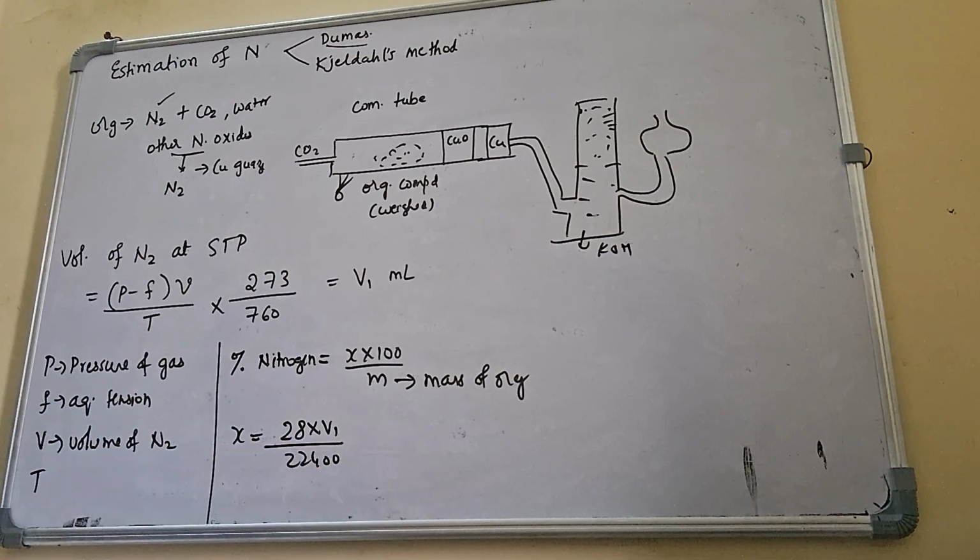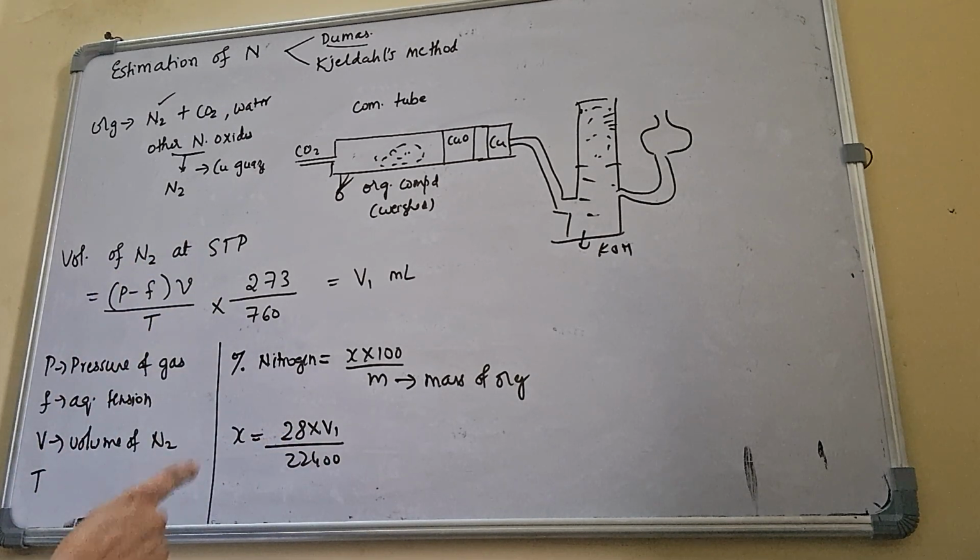It is using the standard principle that at STP, any 1 mole of any gas will occupy 22.4 liters, or 22,400 ml, and 1 mole is 28 grams for nitrogen.